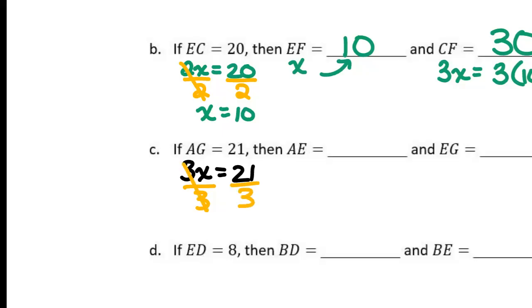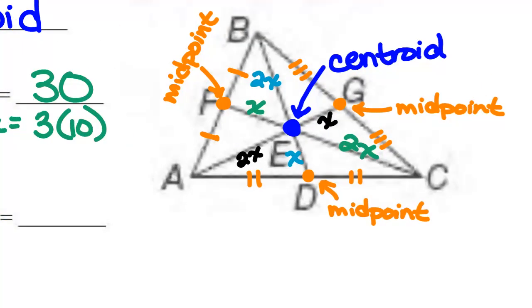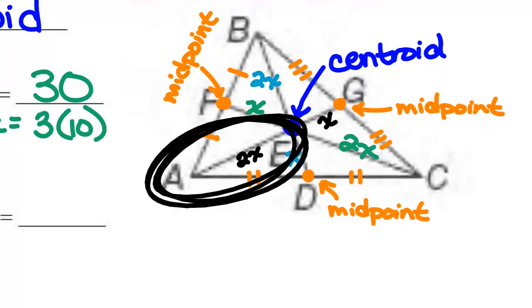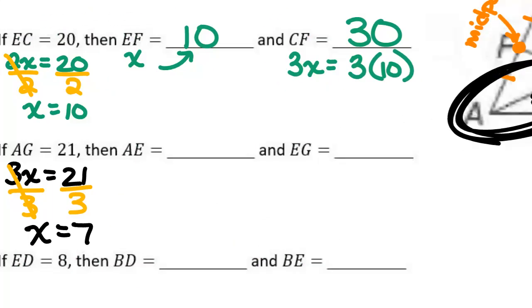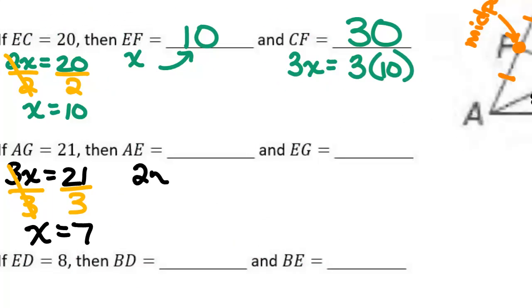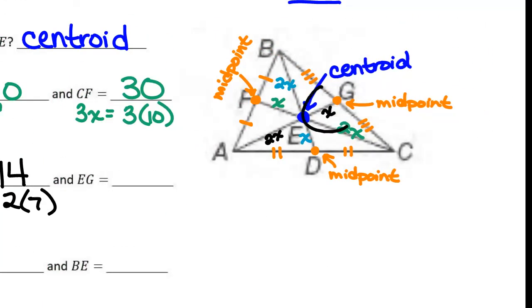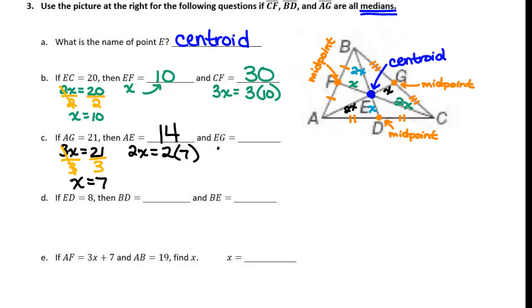X is 7. From A to E, is that 1x, 2x, or 3x? 2x. So that would be 2 times 7, which gives me 14. How big is it from E to G? X, which in this case, x is how big? 7.